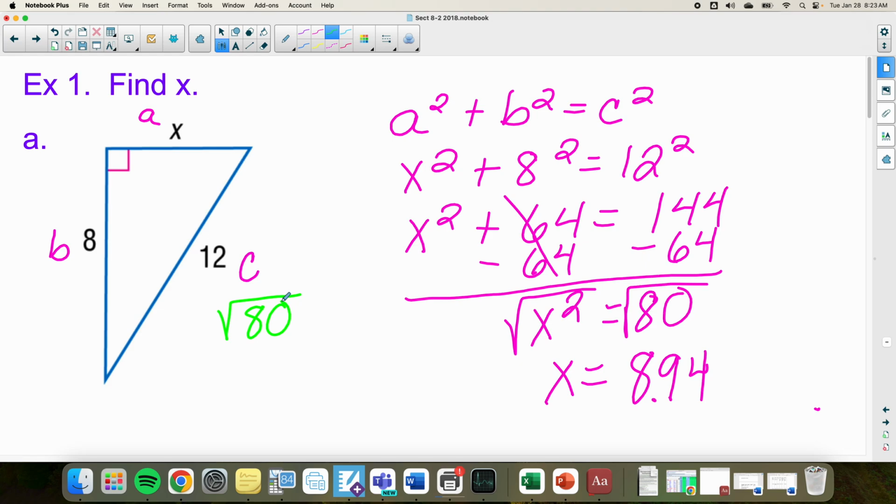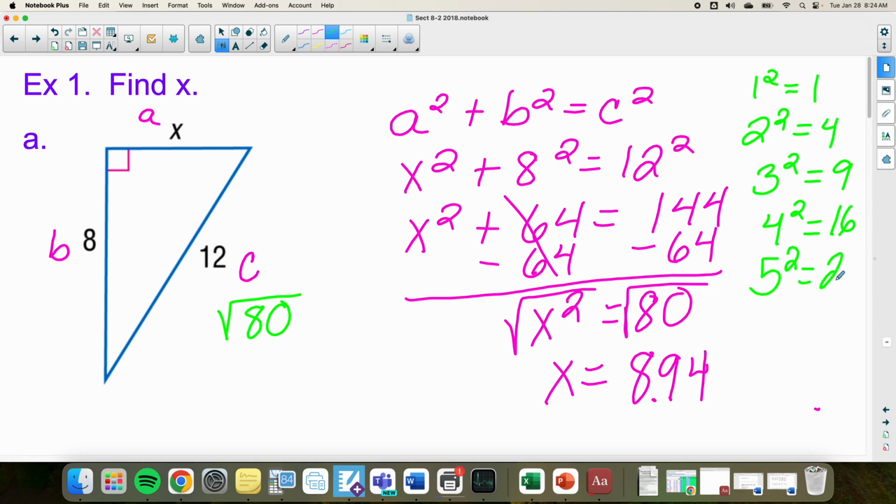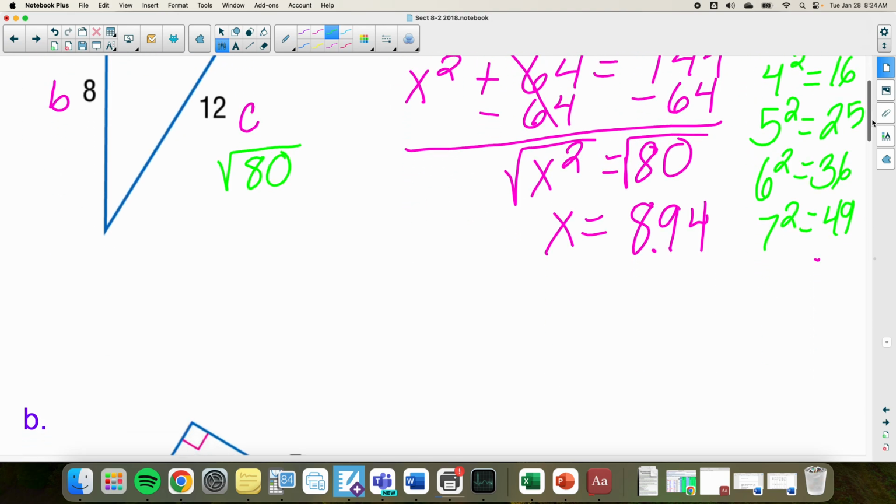And what I mean by perfect squares: 1 squared is 1, 2 squared is 4, 3 squared is 9, 4 squared is 16. I'm just gonna keep going until I get to 80. 5 squared is 25, 6 squared is 36, 7 squared is 49, 8 squared is 64, and then 9 squared is 81, which is bigger than 80, so we don't have to keep going.